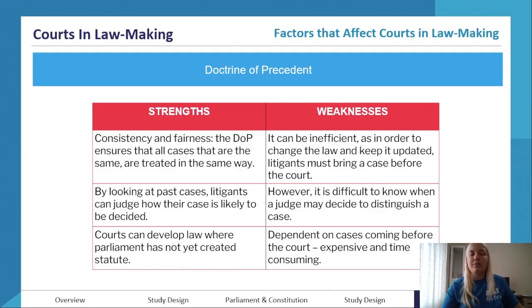So obviously the strengths of the doctrine of precedent include that actual purpose of the doctrine of precedent to ensure consistency and fairness, because it ensures that all cases that have similar circumstances must be treated in the same way. It would not be fair if a person did exactly the same thing as another person, say with regards to a criminal offense, and then the consequences of that action are completely different.